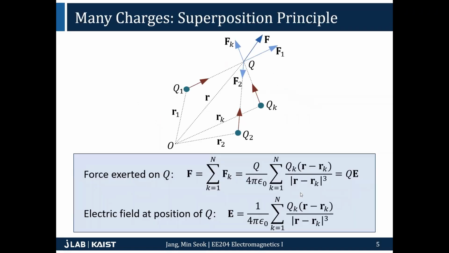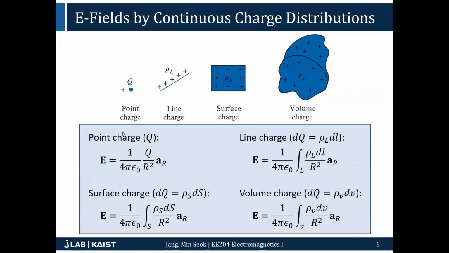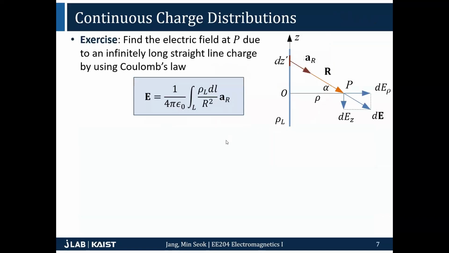And then by performing this integration, for the point charge, line charge, surface charge, and volume charge, you can calculate the electric field due to a given charge distribution, right? So in these calculations, the only thing important is you know how to express these terms like dl or r as a function of given coordinate variables, right?